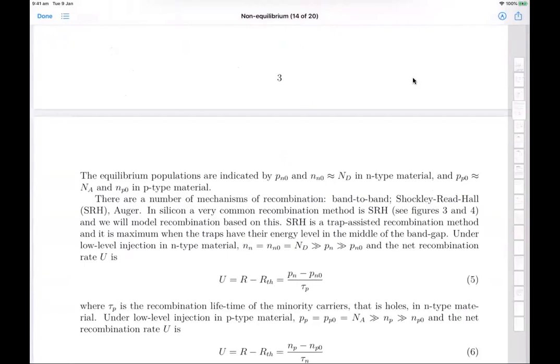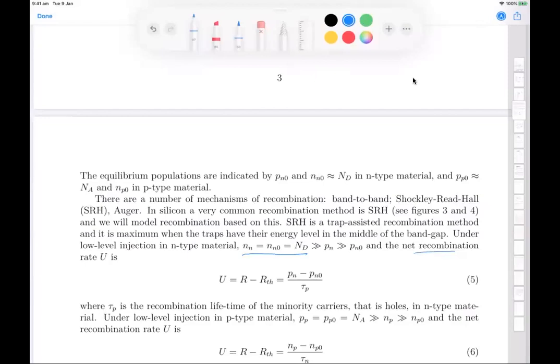So if we look at the case of an N-type semiconductor, the population of free electrons is given by the doping density Nd, which is significantly greater than Pn and Pn naught. And there will be a net recombination. So the symbol for net recombination is U. So we have a recombination rate that is greater than the thermal recombination rate.